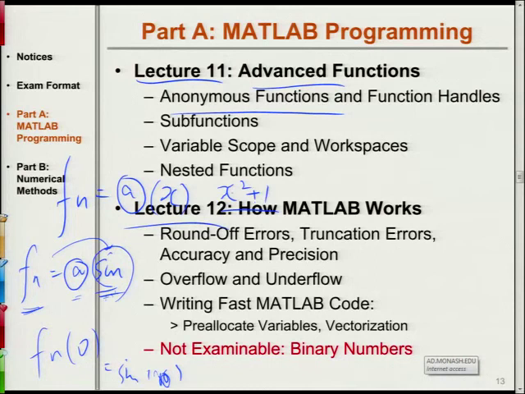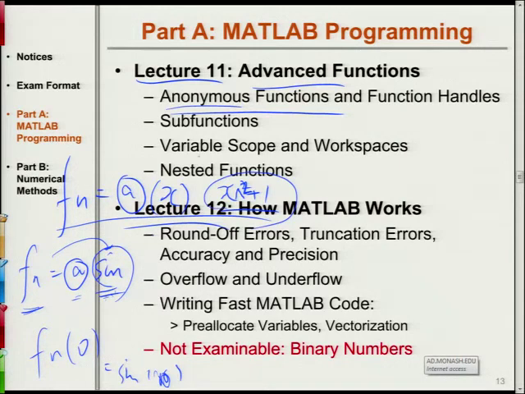For example, in MATLAB, x to the power of 2 plus 1, something like that. This is a function handle for an anonymous function. An anonymous function is normally a one-line computation. This computation you can define yourself.